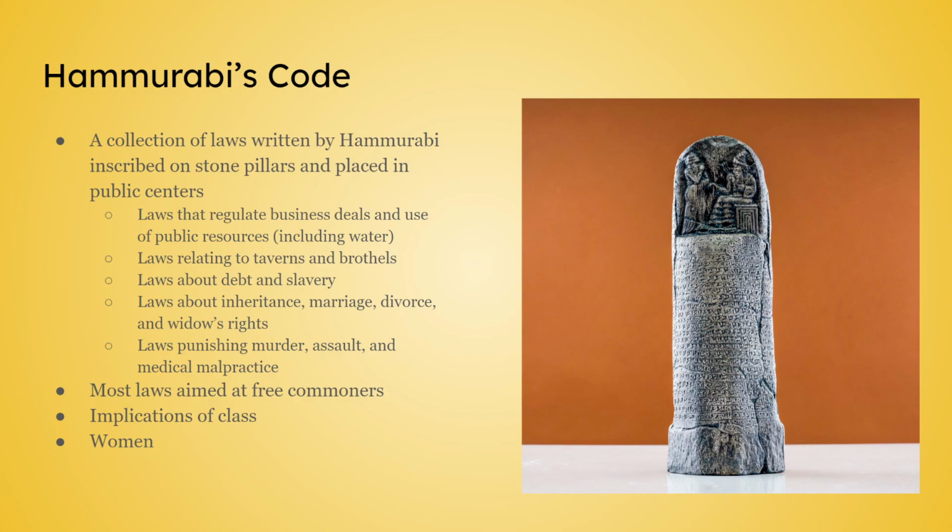And there are major laws regarding women as well. So here is 162. If a man marries a wife, she bears him children, and that woman then goes to her fate, her father shall have no claim to her dowry. Her dowry belongs only to her children.